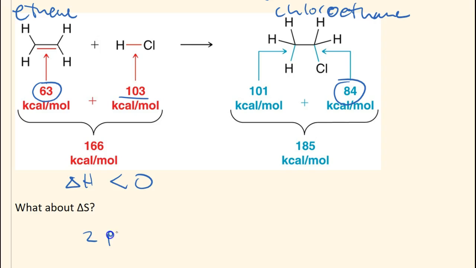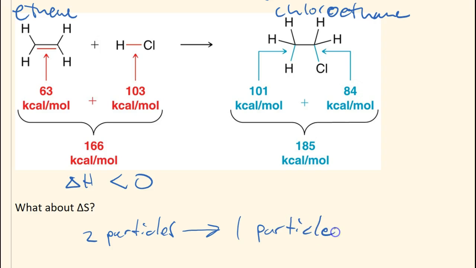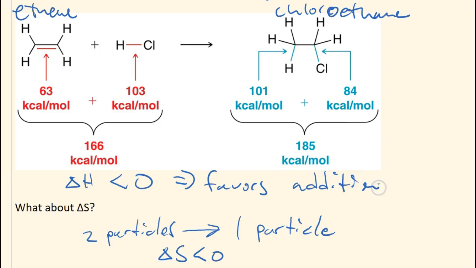We go from 2 particles to 1 particle. That means that delta S is negative. So we've got a delta H that's negative. That favors the addition product. And a delta S that's negative, that favors the elimination product.